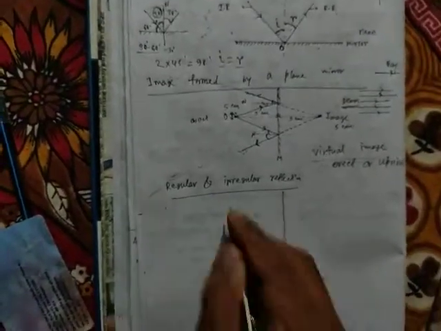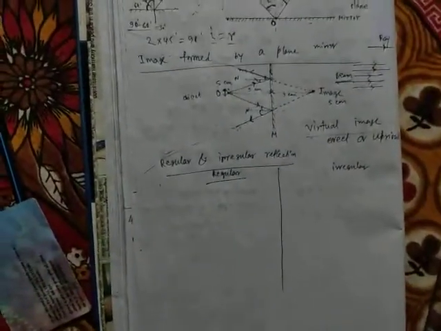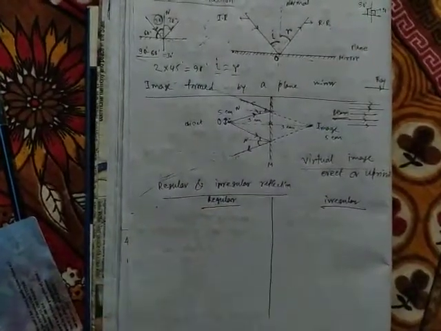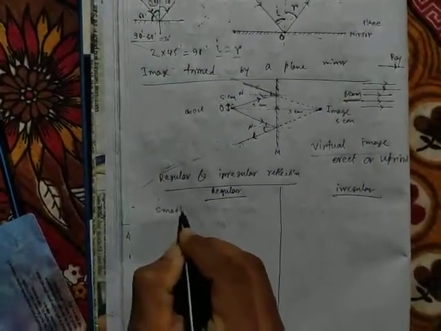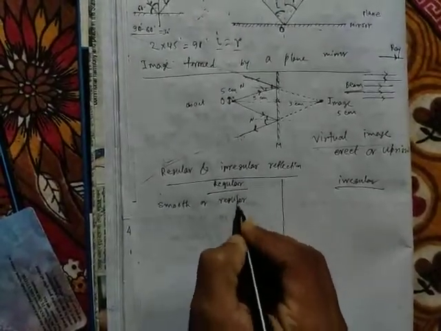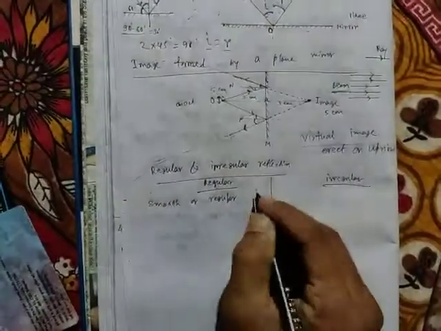So first see what is this. This side regular and this side irregular. Regular reflection occurs on a smooth or regular surface, or you can say on a plane surface.